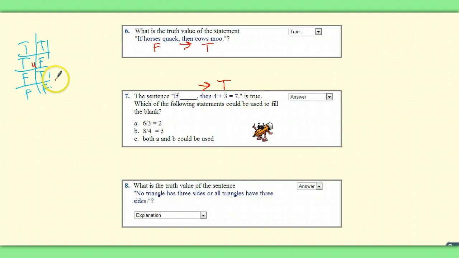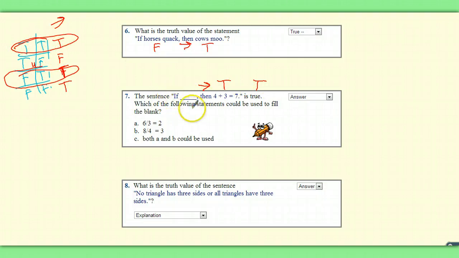So the only way we can have the second part be true and this true, so remember true, false, true, whoops, true, true. In an if-then, the only way we can have it be a true statement with the second part being true is either this situation or this situation.